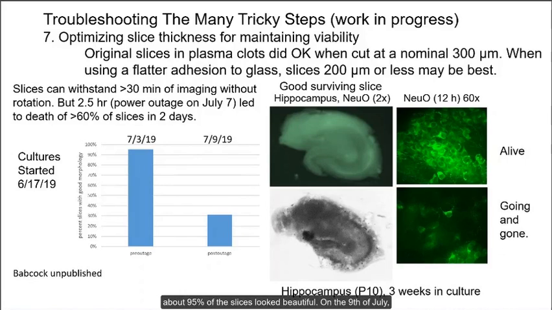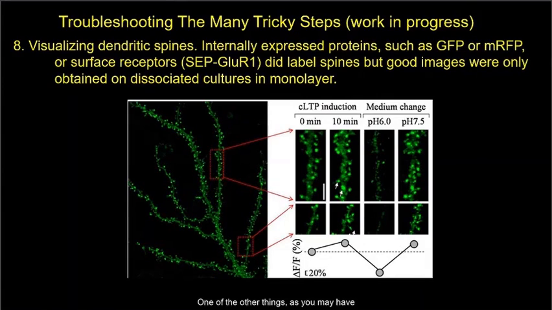On the 9th of July, which was a couple days after the power outage, we lost most of the slices. And of those that were remaining, most of them died shortly thereafter. I think we still have a couple that are still alive. We have 5 that are still alive out of like 150 that were started when we started here. So power outages can be bad.